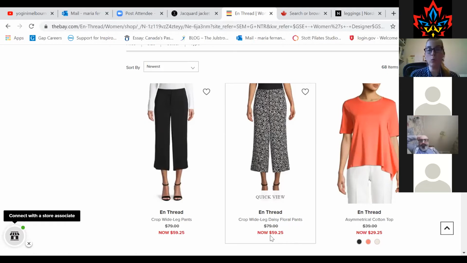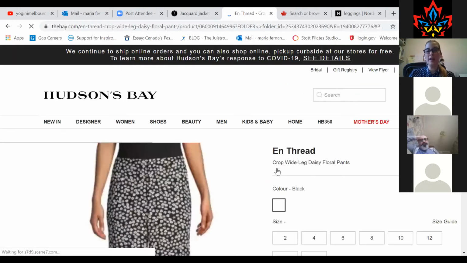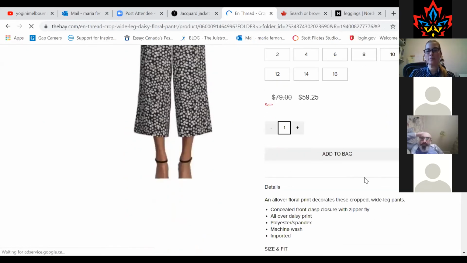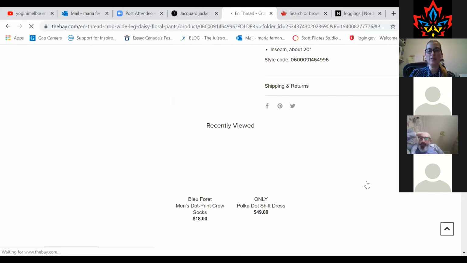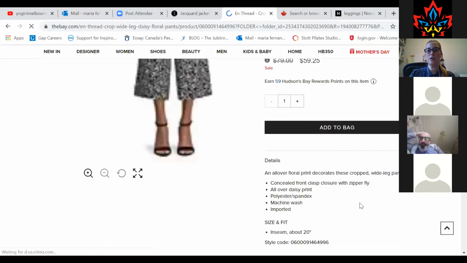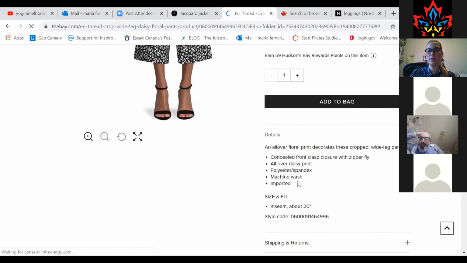So that's how it works. Let's click on this one and let's see if they have the composition here. Polyester spandex. That's it.